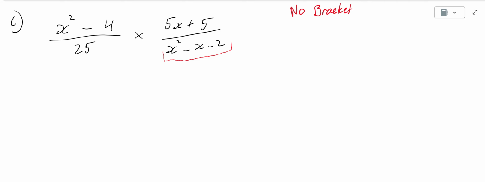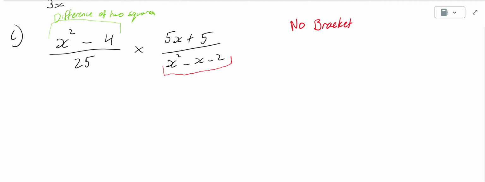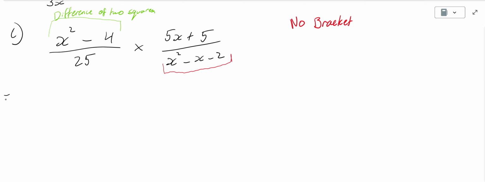So the way we factorize that is going to have to be a little different. When you take a look at this first fraction, I'm hoping you can see that this is a difference of two squares. So that should be pretty easy for you to factorize.